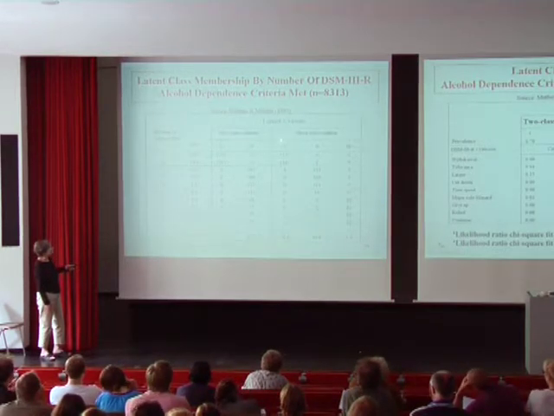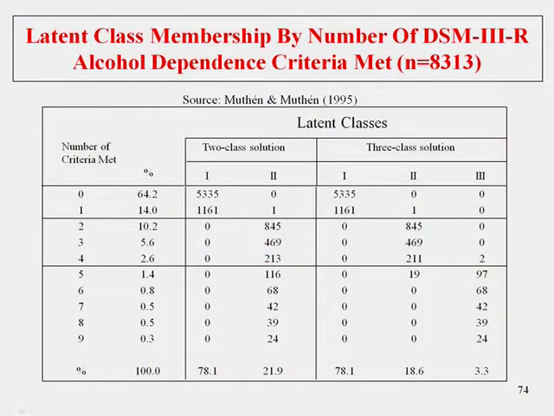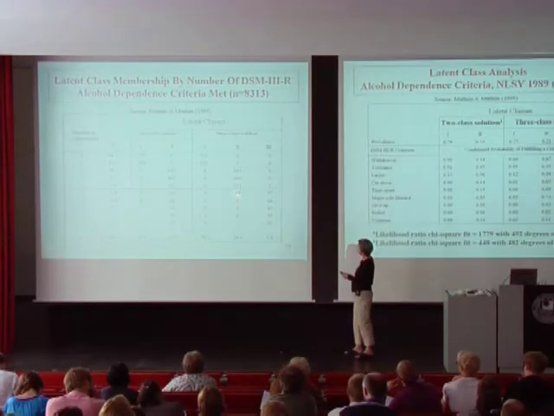And let's concentrate once again on the 3-class solution. If you look down the columns, for example, for class 1, you'll note that nobody endorses more than 1 item. And if you look down for class 2, the abusers, you see that one person endorses 1 item, but most of the others endorse 2, 3, or 4 items. 1 endorses 5, or 19 endorse 5.